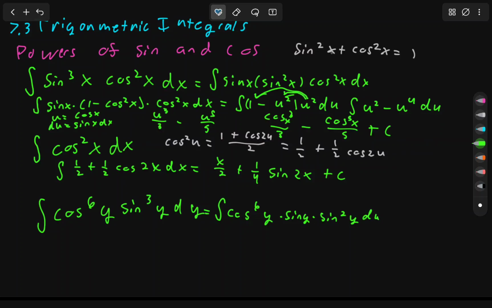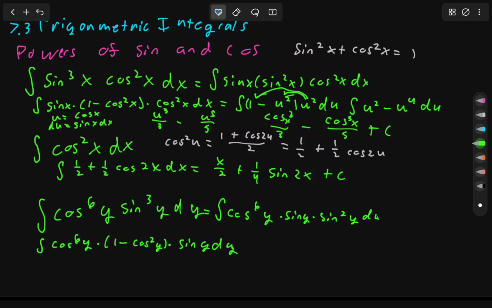Now we use the Pythagorean identity, which we already used, to solve for sine in terms of cosine. So we now get the integral of cosine to the 6th of y times 1 minus cosine squared of y times sine of y dy.